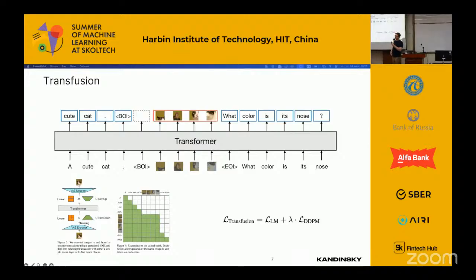At the same time, for the text, token by token, they use a combined loss: the cross-entropy loss from language modeling, and the diffusion loss, as a measure actually from DDPM. We will talk about DDPM a little bit later in detail. So that's the high-level idea of how ChatGPT image generation can work.